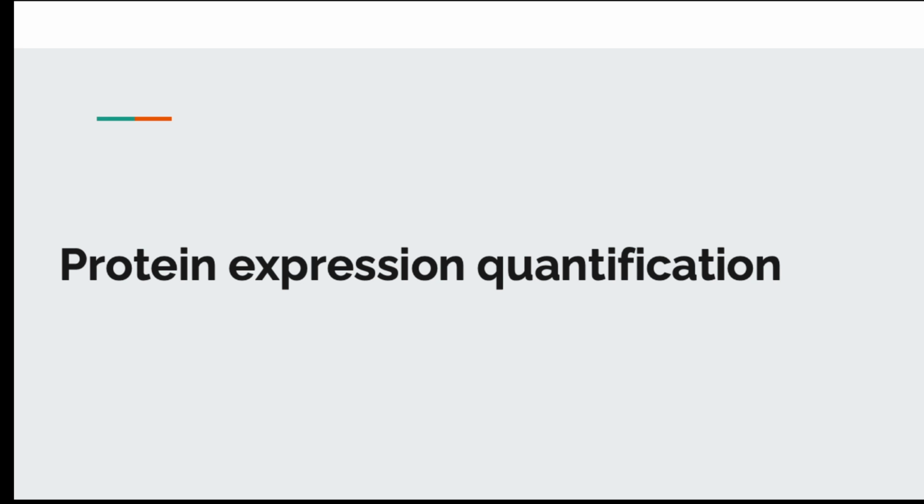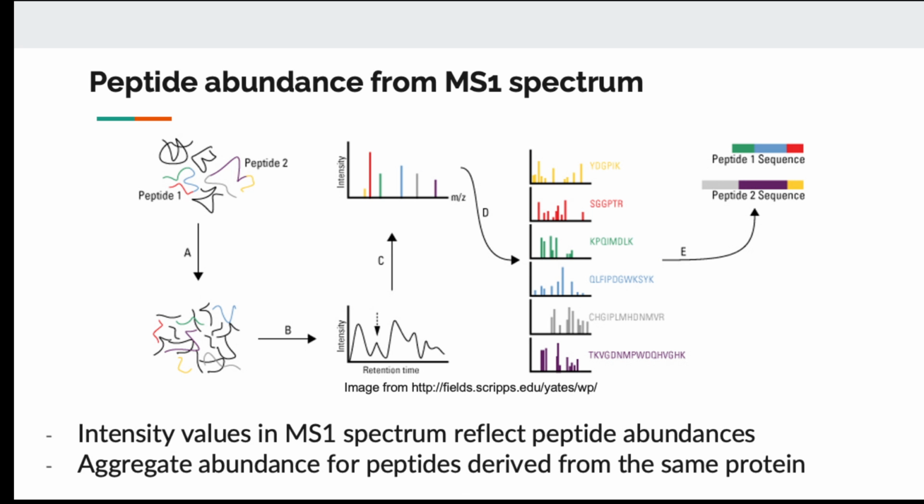Okay, so once we identify peptides, we want to map them to proteins, which we already know how to do, and then we want to quantify the protein. It's not so different from transcriptomics. In transcriptomics, we cut the RNA into fragments, and when we get all the reads, we map back to the RNA, and then we count the number of reads.